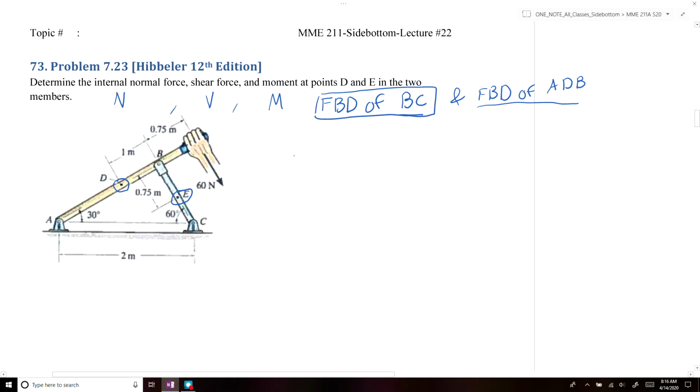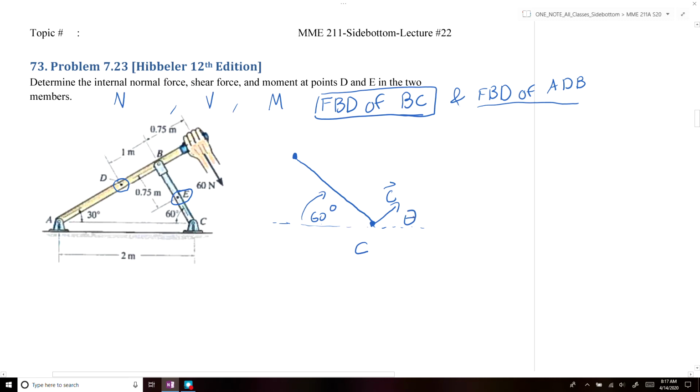So if we look at BC, we know that it's at a 60-degree angle relative to the negative x-axis. At point C, we know that it's a pin joint, so we can assume for that pin joint that it'll have some magnitude C, and it'll be at some angle theta.